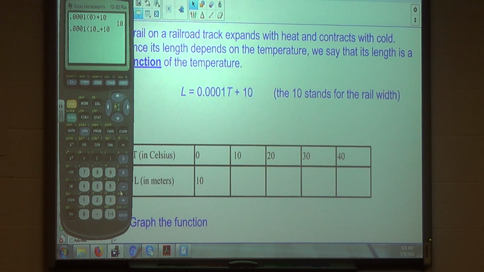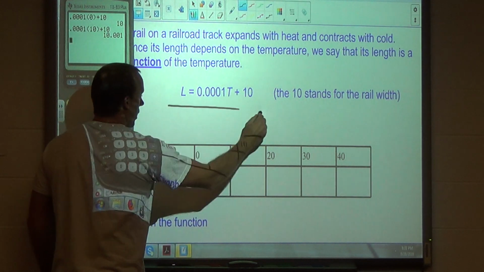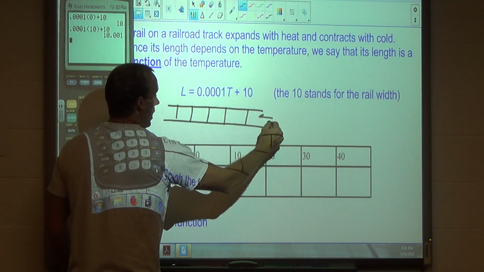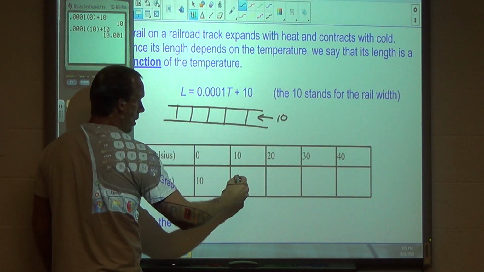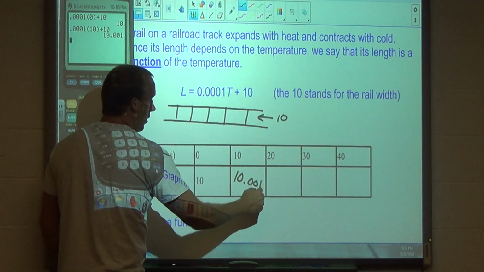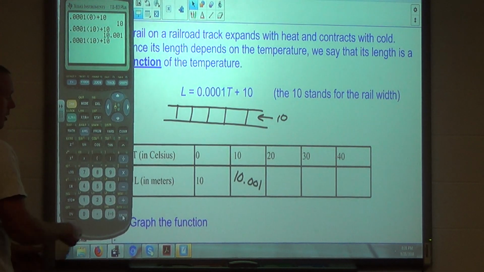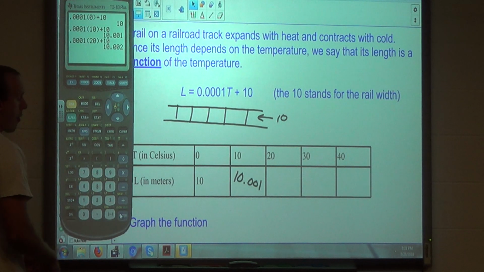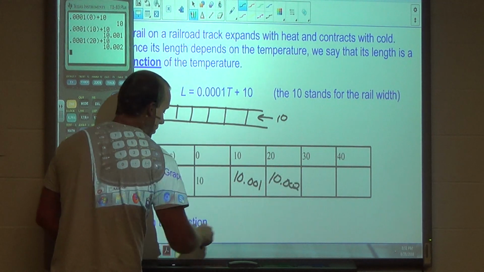So now I'm going to plug in a 10 and hit enter, and my rail width has gotten a little bit bigger. So this is a railroad again. The distance between here and here started at 10, and now the temperature is getting warmer. It's at 10.001. If I go second, enter again, I can change that to 20, and now it's 10.002.